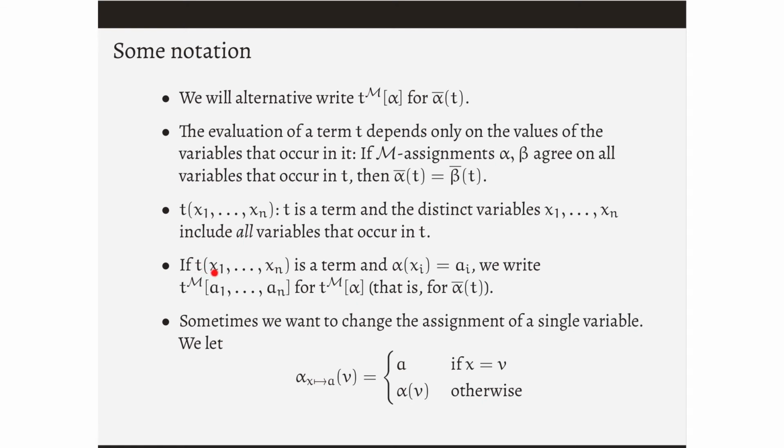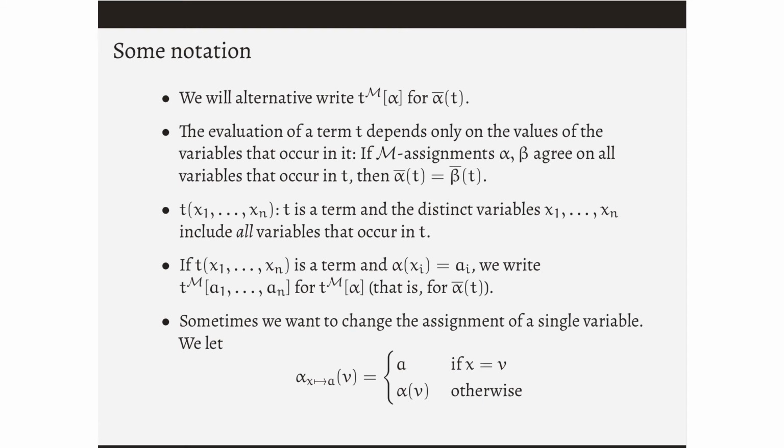And if t(x1, ..., xn) is a term, and alpha of xi assigns it the value a_i, we use this notation t^M[a1, ..., an] for t^M[alpha].